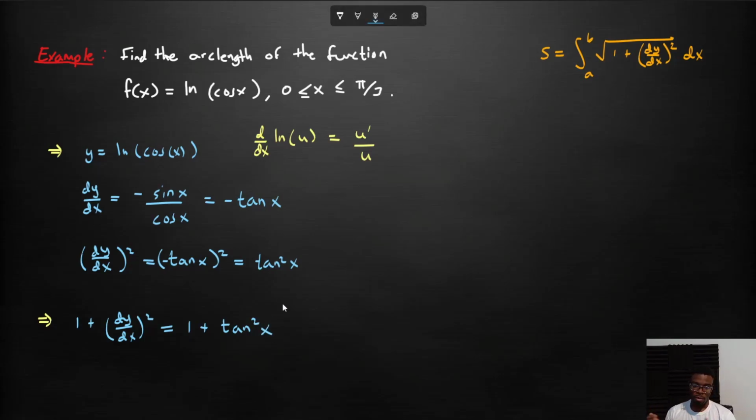And if you remember from your trig identities, 1 plus tangent squared of x is the same thing as secant squared of x. So we can replace 1 plus tangent squared of x with secant squared of x. Now we have 1 plus dy dx squared is equal to secant squared of x, and we can substitute the secant squared into this square root function here. So let's do that.